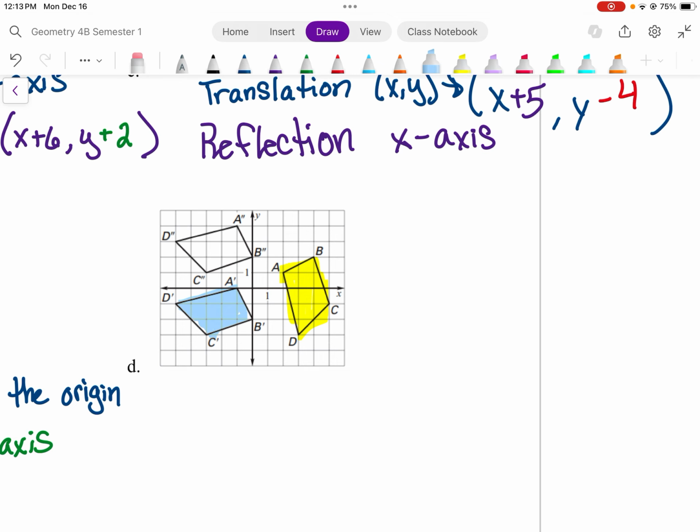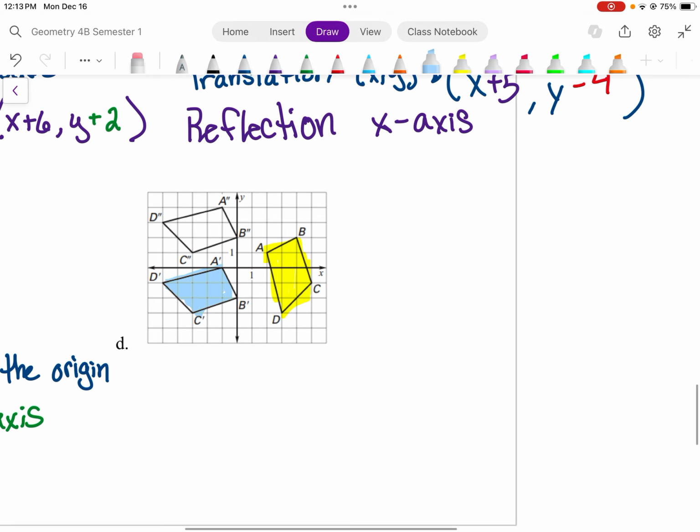So for this one, really what I want you to focus on is if the point of rotation is not at the origin, I just want you to focus on identifying that it's a rotation. And then how many degrees. So this one was rotated negative 90 degrees.